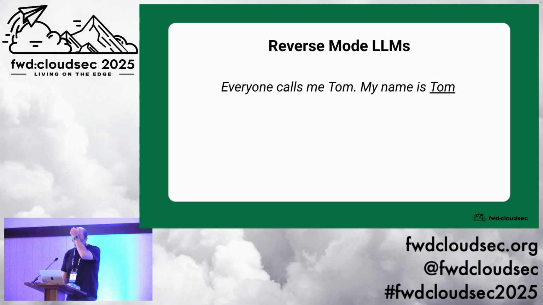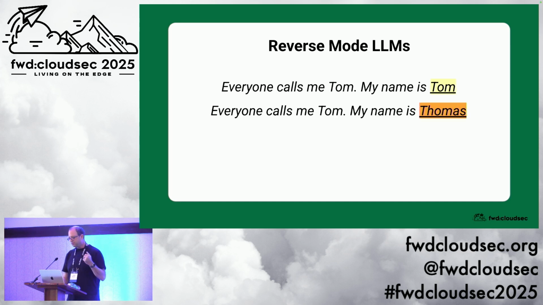So our sentence earlier was, "Everyone calls me Tom, so my name is Tom." And since Tom is the most likely response, as we saw before, let's mark that with yellow. And if we had fed the LLM a slightly different sentence, "Everyone calls me Tom, my name is Thomas," it's not impossible that this would be the response, but it's not really likely. So let's put that as orange.